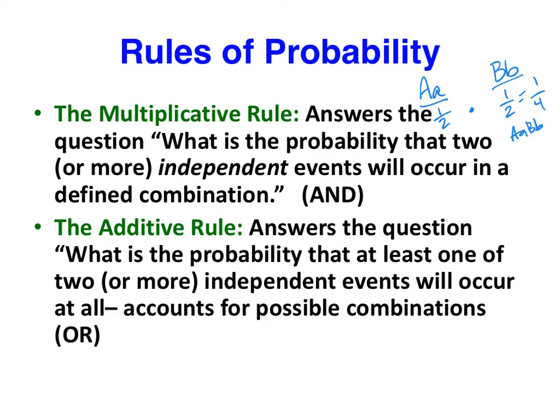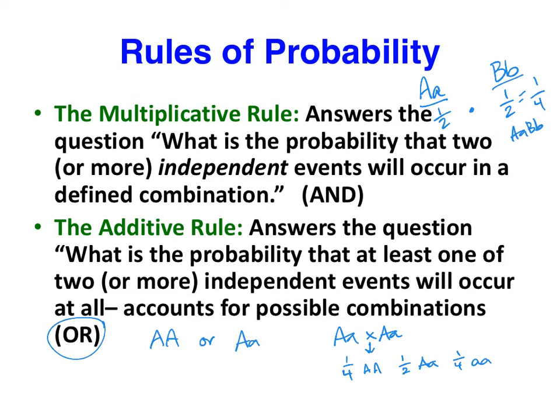An additive rule refers to an "or" situation. I want to know the probability of having a big A, big A or a big A, little a. Okay, and we can calculate that if you're thinking about a cross between monohybrid individuals. We know that 1/4 of the offspring will be big A, big A, 1/2 will be heterozygous, and 1/4 will be little a, little a.